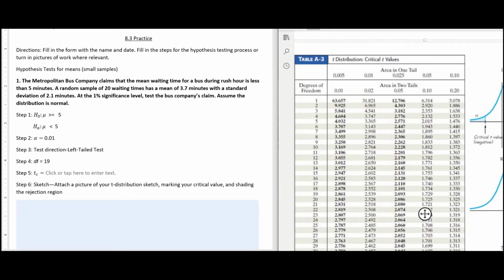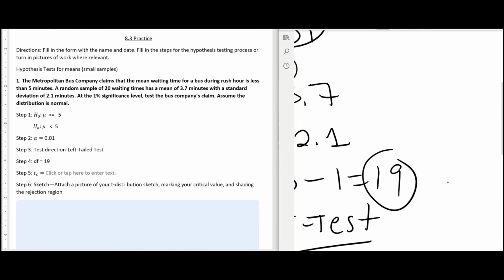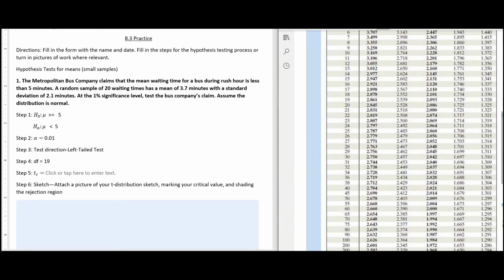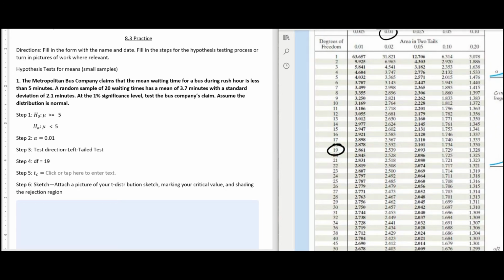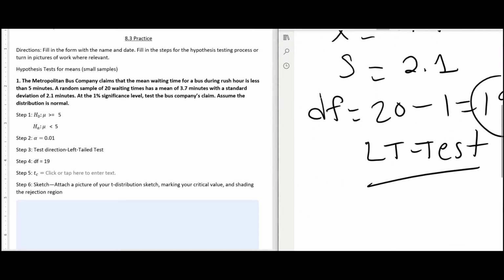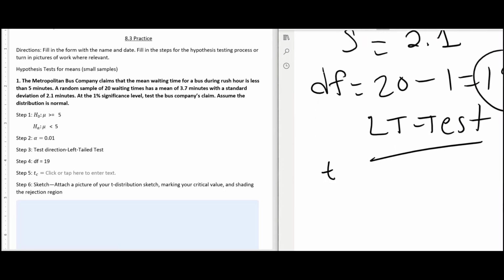If you zoom in on this, we're considering one tail, 0.01, and a df of 19, which is over here. So if I figure out where they intersect, it's going to be over here at 2.539. Okay, so that's my critical value here. So we're saying TC is 2.539.